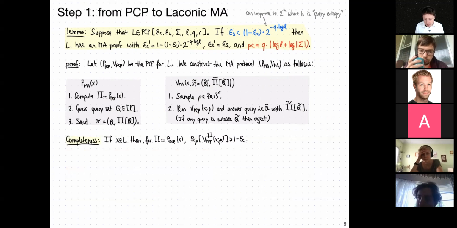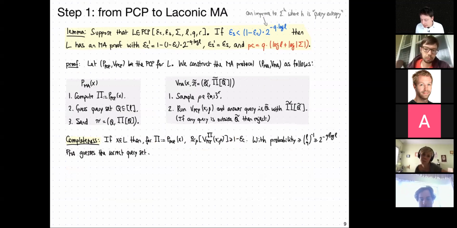Now, it's pretty easy to see that if the original PCP had a certain soundness error and completeness error, which means that the honest proof convinces the honest verifier with probability at least 1 minus epsilon c, then with probability at least L choose Q inverse, which is roughly 2 to the minus Q log L, the prover guesses the right set, right?